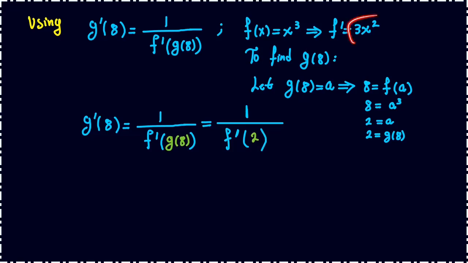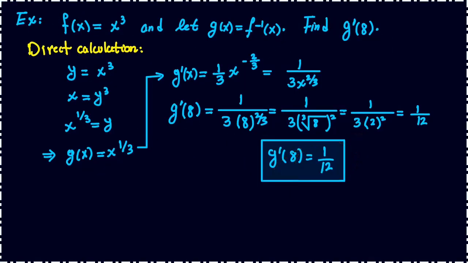So we get 1 over 3x squared, replace x with 2, and that gives you 3 times 4, 12 in the denominator, 1 over 12. We've obtained the same result as before.